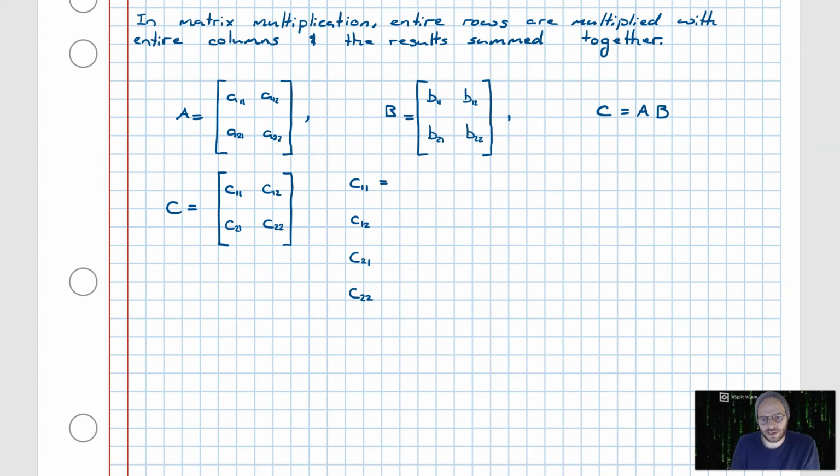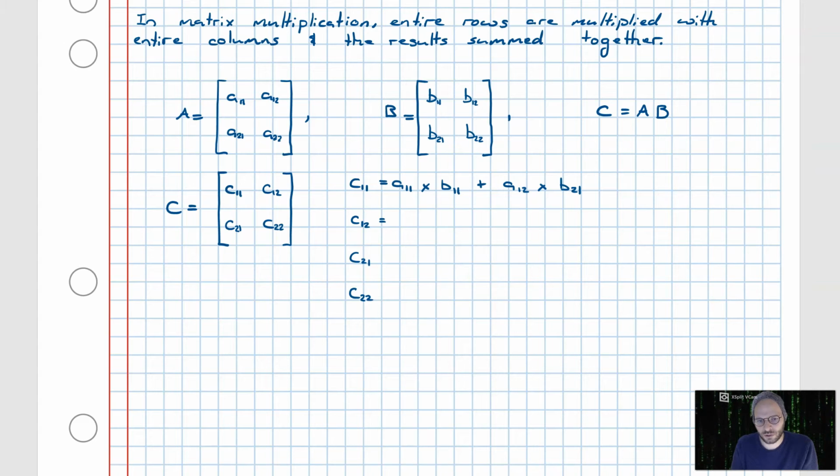What I'm going to do without explaining is firstly show you the calculations involved for calculating C11. Now this is going to look really confusing. However, once I've done the first two calculations, I'm going to come back and explain what's going on. So looking at the first one, C11, it's going to be a result of A11 multiplied by B11 plus A12 multiplied by B21.